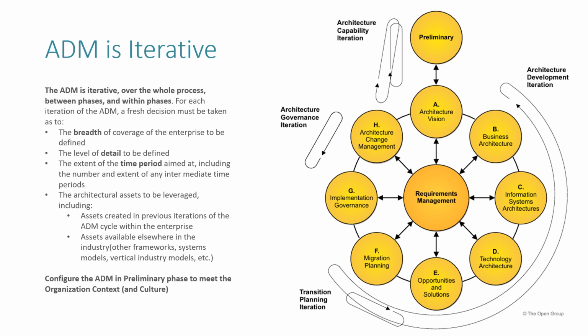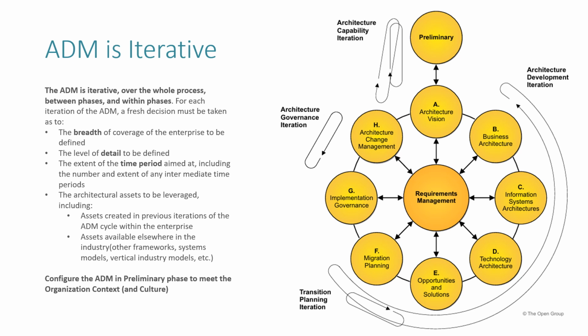For each iteration of ADM, we should determine what is the breadth, how big is this initiative. We look at the breadth of the coverage of the enterprise, and depending on the breadth, we also need to decide how much detail we will go into. For example, we can spend months preparing the business architecture, but we need to define how much detail we will go for business architecture. Similarly, for IS architecture.